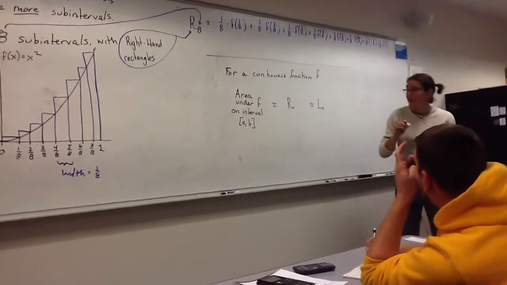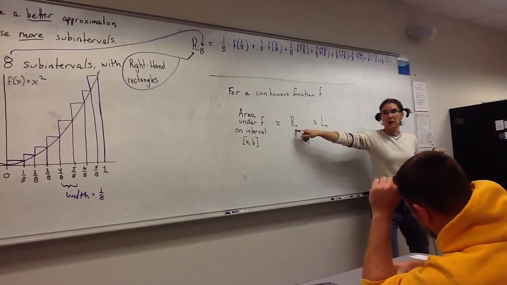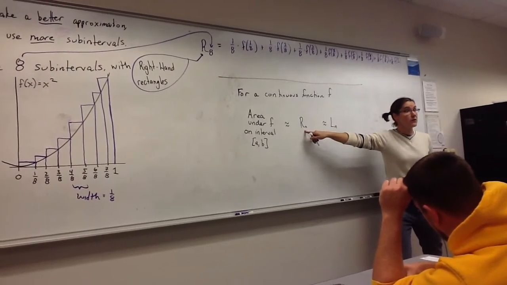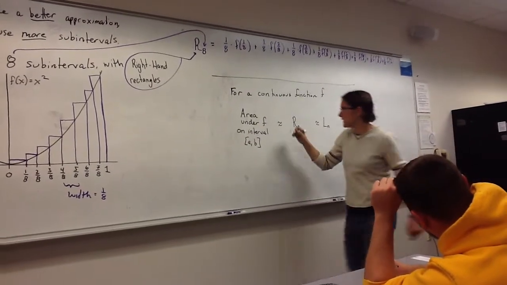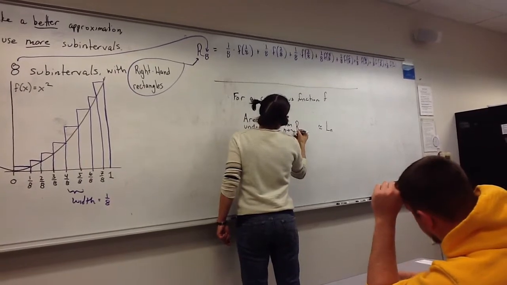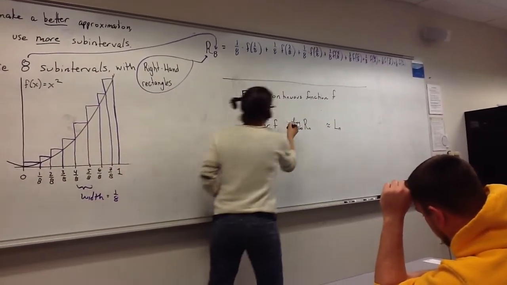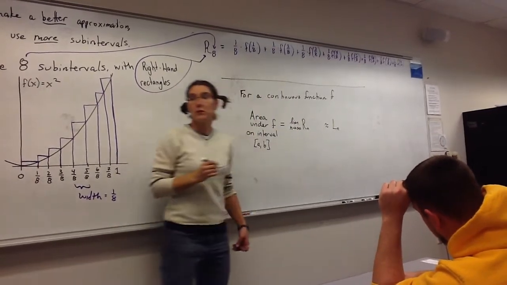And if we allow the number of rectangles, that's this n right here, to get really, really big, in other words, if we take a limit as n approaches infinity, then instead of having an approximate area, we get an equal area.